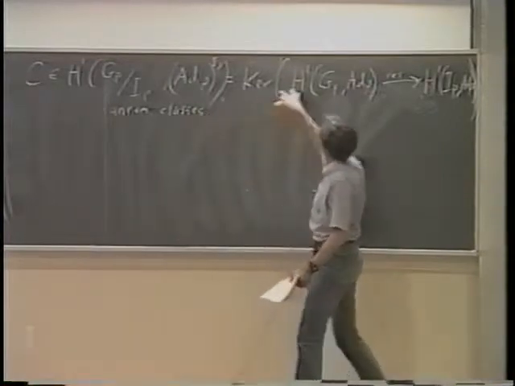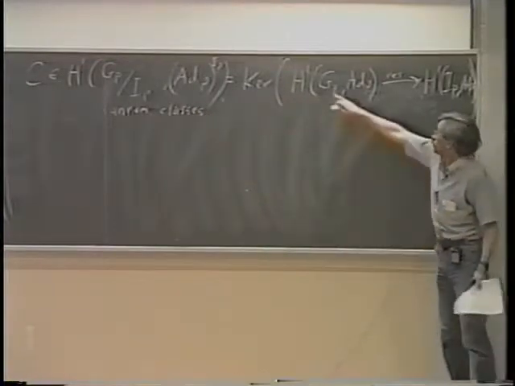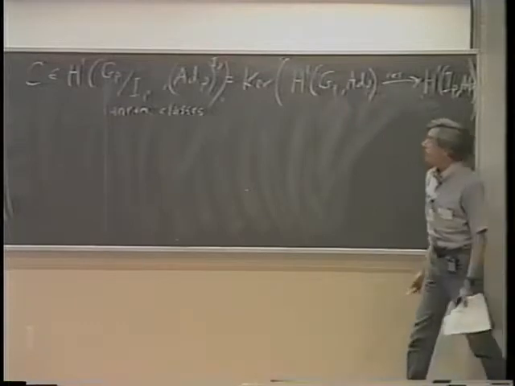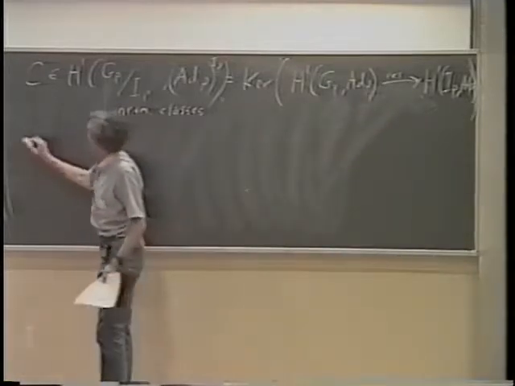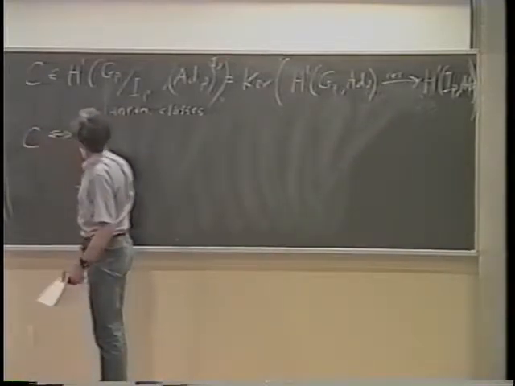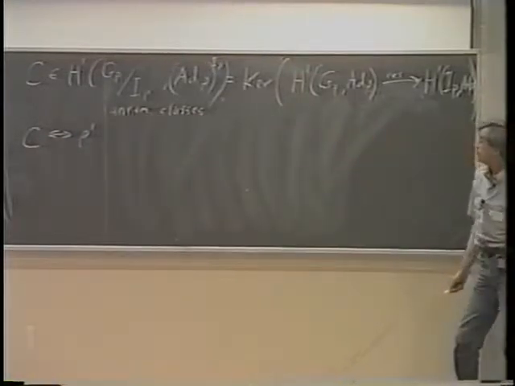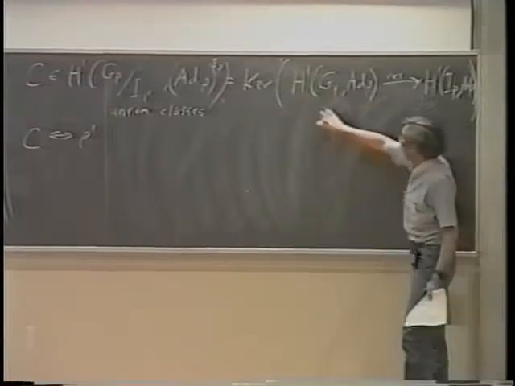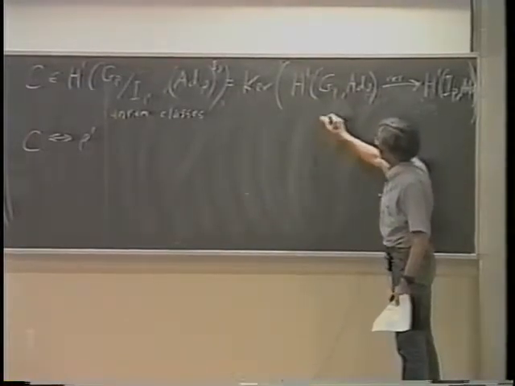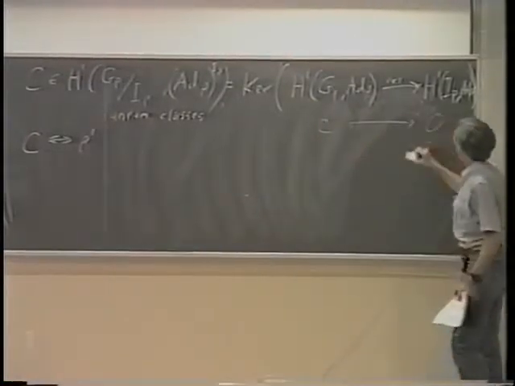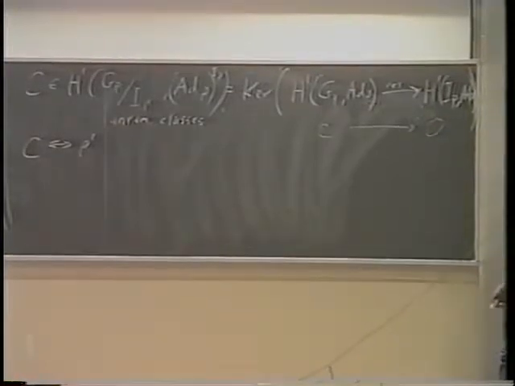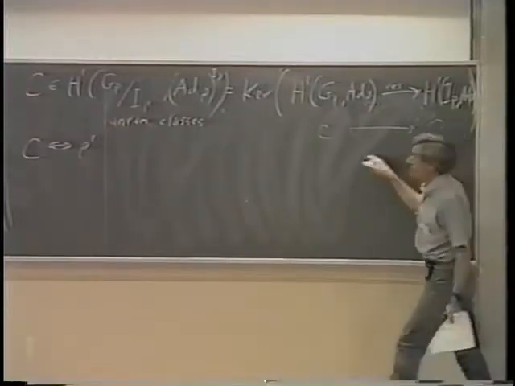And we regard them as sitting inside H1 GP add rho. Now, from what we just had, C corresponds to a rho prime, an infinitesimal deformation. What happens? Well, we have a C here. It goes to 0 here. Well, what happens if C is 0?